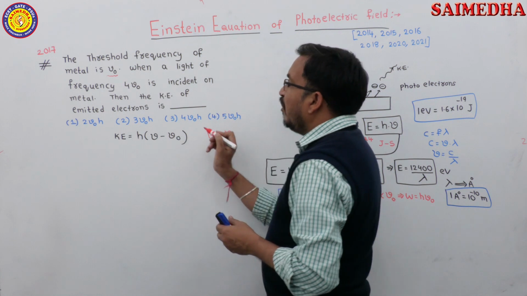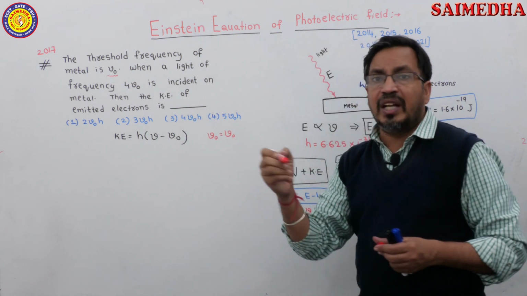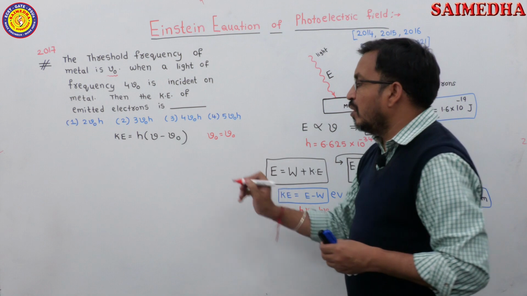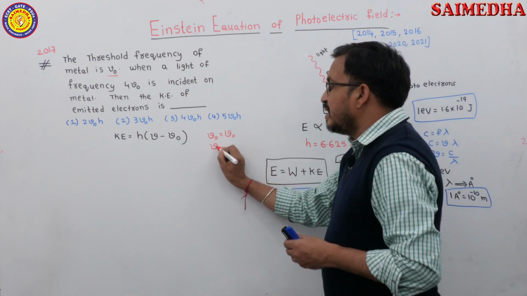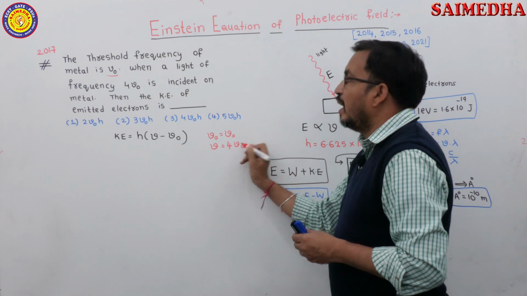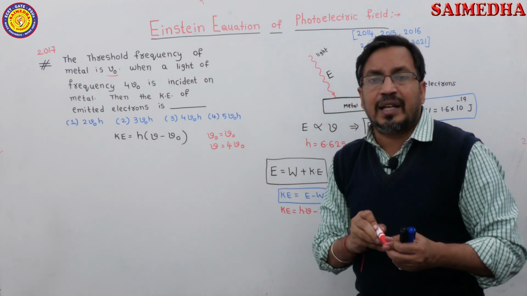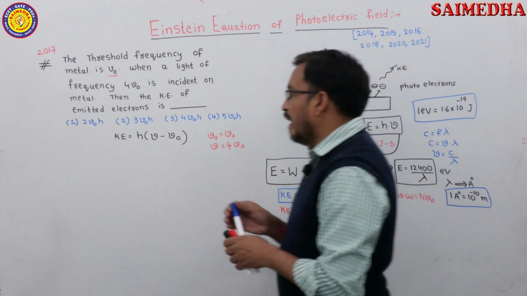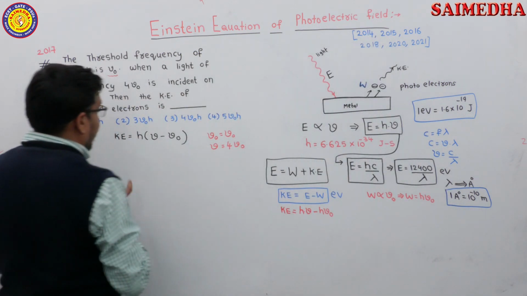When light of frequency 4V0 is incident, the incident light frequency is given as 4V0. Then it is asking for kinetic energy. So I am substituting the frequencies.